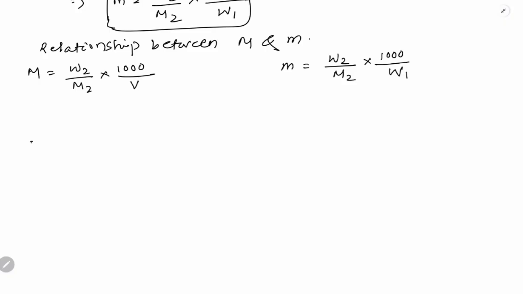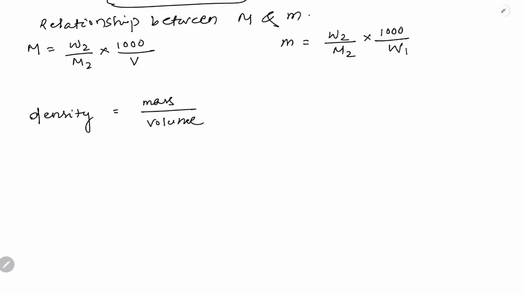And we have a formula of density, that is mass upon volume. So if we are getting density of solution, it will be d. Mass of solution is mass of solvent plus mass of solute.